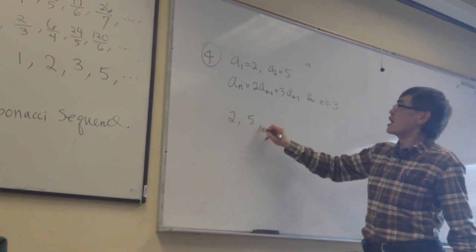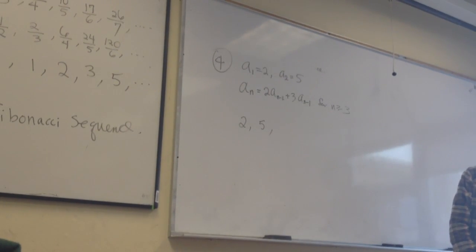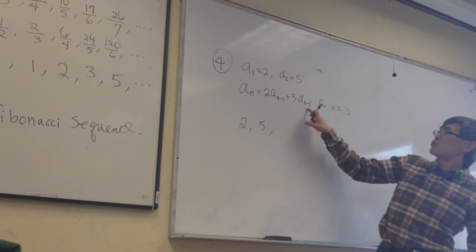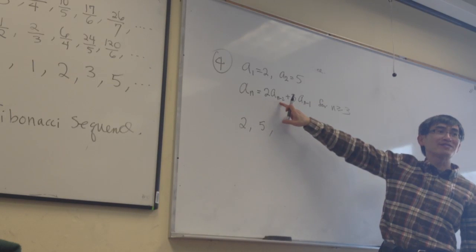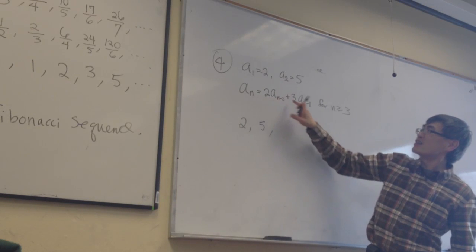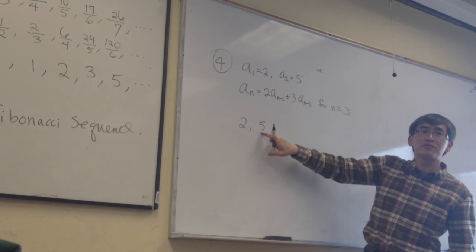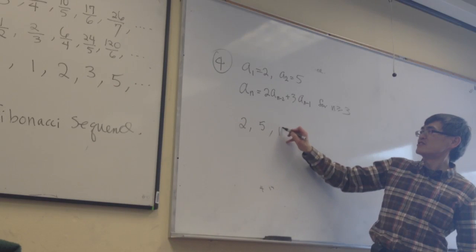Second term is 5. What is the next term? Try to understand the statement. Any nth term has to do with the one before it and the one before the one before it. And then, you take this one, multiply by 2, take this one, multiply by 3, add them together. What is that? 19.